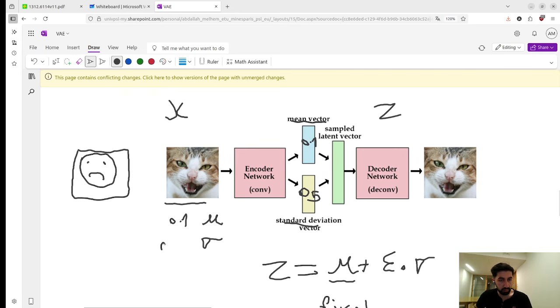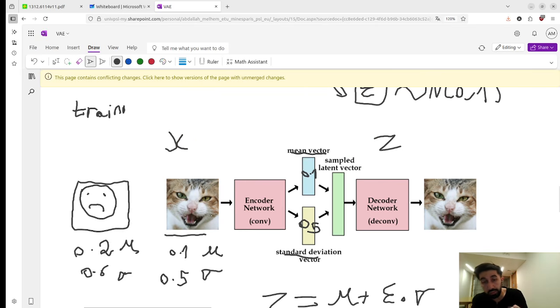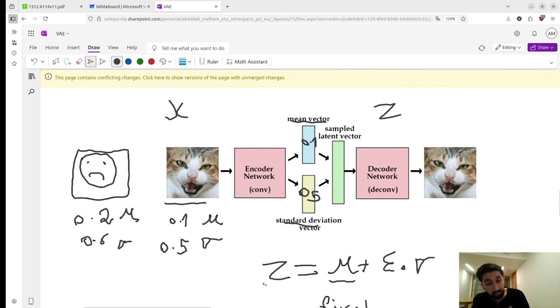And for the sad face, we get 0.2 for the mean and 0.6 for the standard deviation. The reparameterization trick is that even though these two are fixed for a fixed input, z is not fixed.